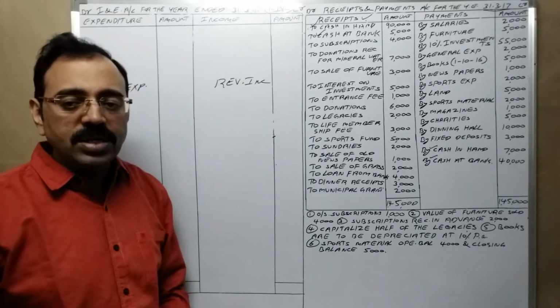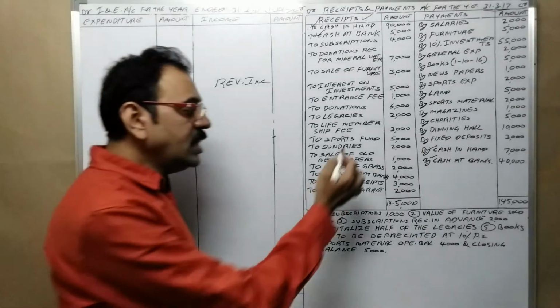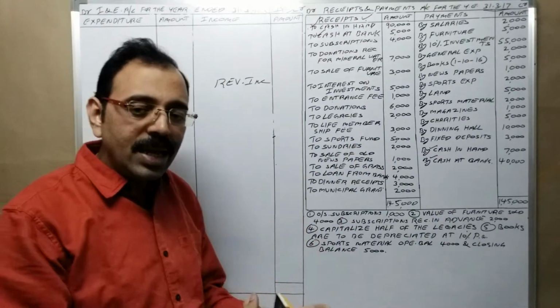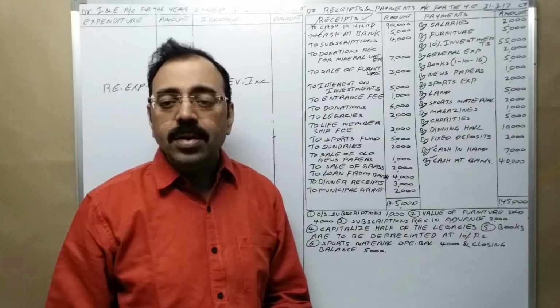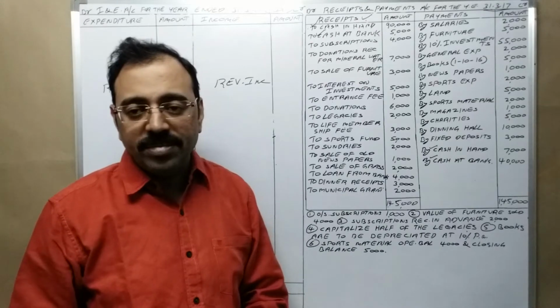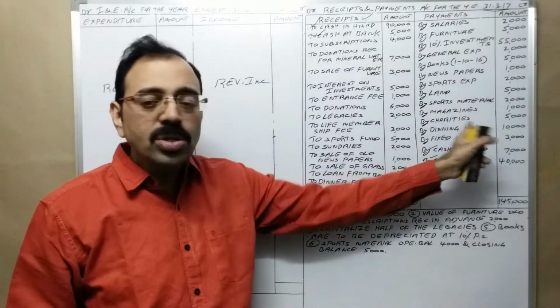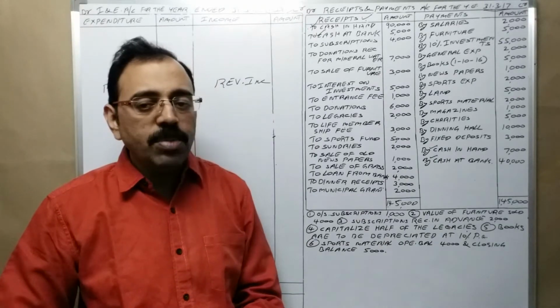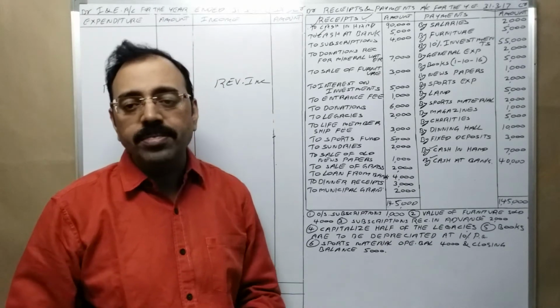The next difference is, in receipts and payments account, we record current year receipts, previous year receipts, next year receipts. For payments also the same point is applicable. Current year payments we record, last year payments, next year payments, all.